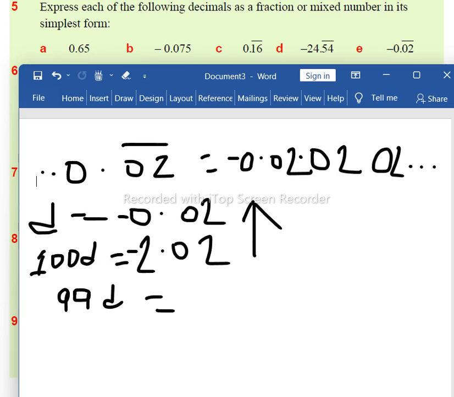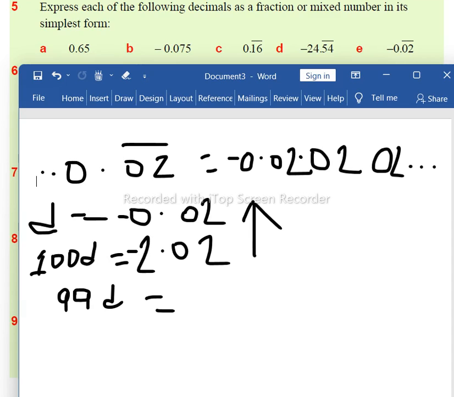Again when we subtract the negative 0.02, minus again minus negative 2.02, we get that we can subtract like this, it will be plus, when minus times minus, which is plus.